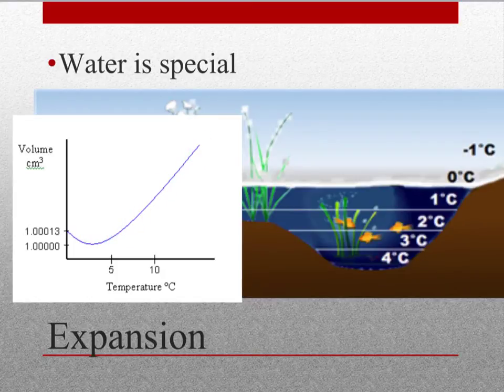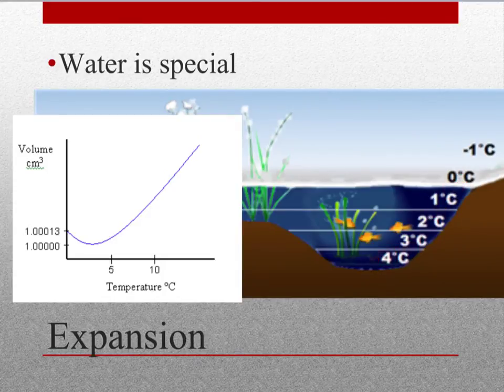So when water goes from 0 degrees Celsius to 4 degrees Celsius, it actually gets denser before it starts expanding. Okay, so what happens in really cold places where water and lakes freeze in the winter is the water at 4 degrees, as it gets denser, the cold water will sink.